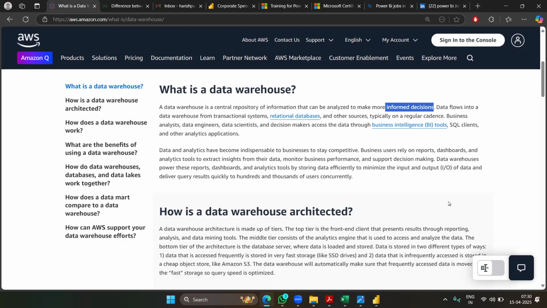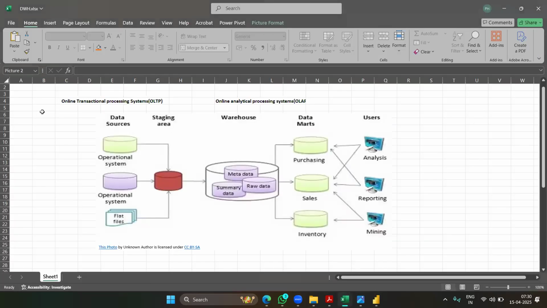And the data warehouse is going to help put the facts in front of them on the table. Data flows into the data warehouse from transactional systems, relational databases, and other sources, right? This is what we have seen. Transactional systems, flat files, and different things, correct?